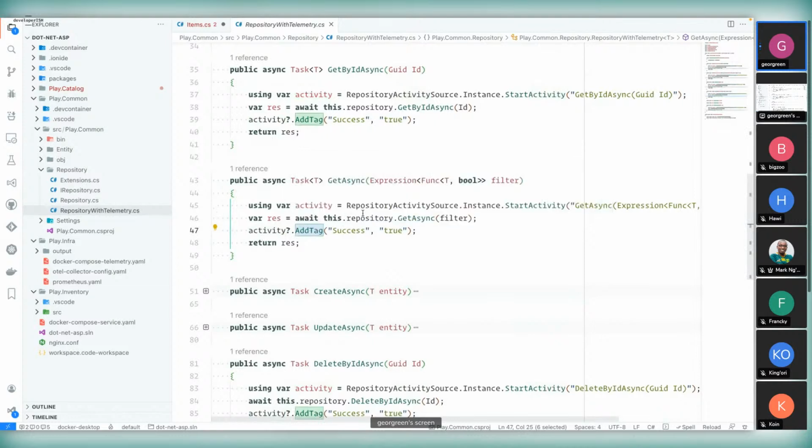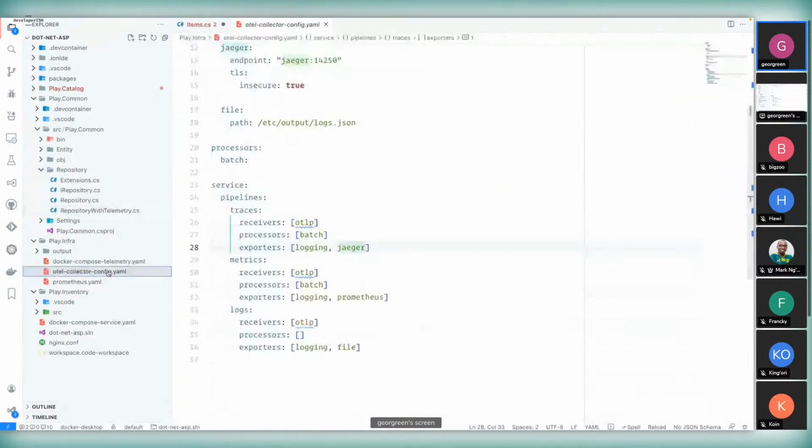So if you don't want some tags to go out, you can usually just create another activity and put in whatever you want, or you can use advanced techniques. Some of these advanced techniques are called sampling. The idea is that in sampling, you can sample an entire span and figure out the attributes you want to keep and the attributes you want to take out. So yes, you can definitely do that.